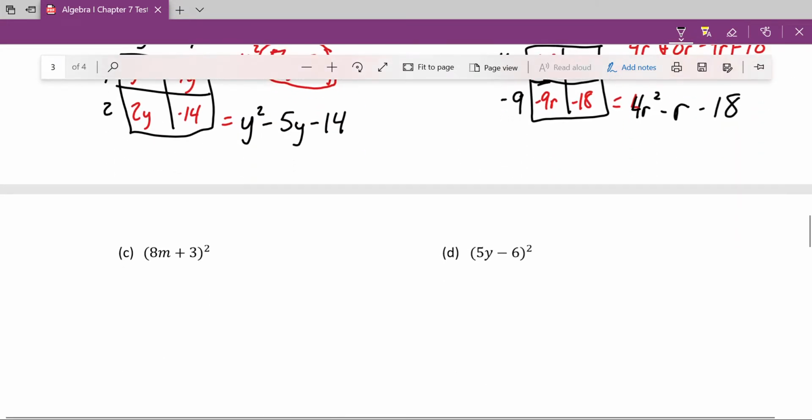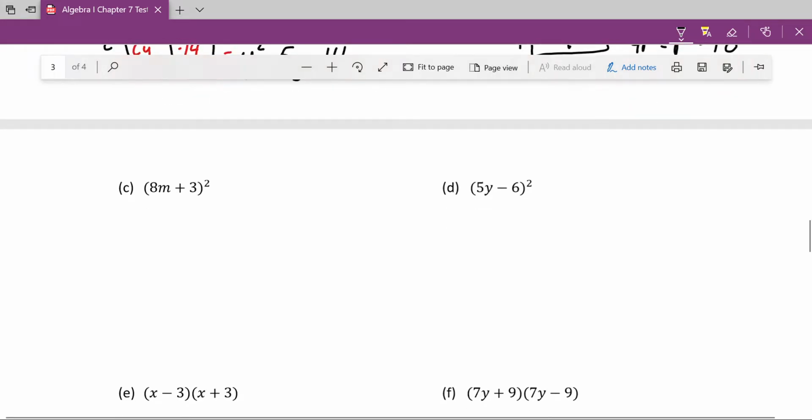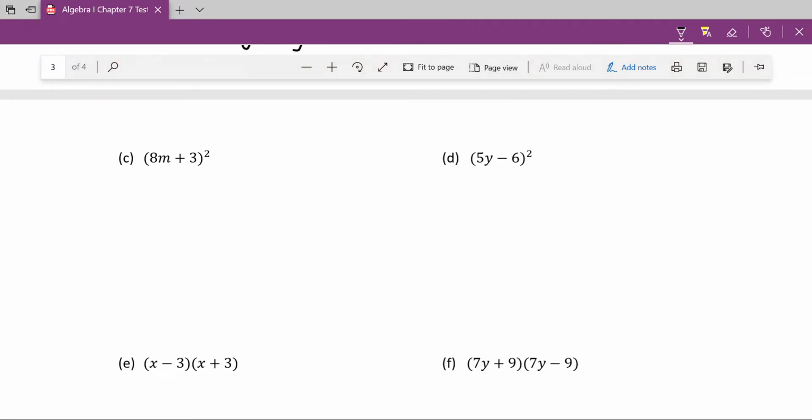So let's go ahead and start 10C. So this says 8m plus 3 squared. Well, 8m plus 3 squared really means 8m plus 3 times 8m plus 3. And we're actually going to use this to go ahead and just do our box method.